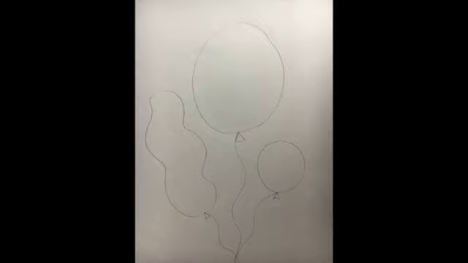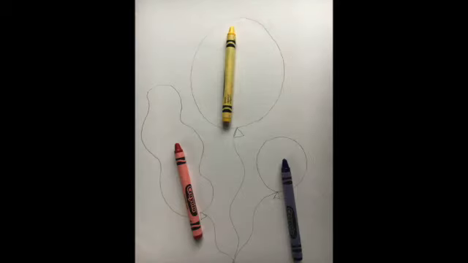Now you can copy mine or make up your own, but create 3 balloons. The next step is to add color. You're going to choose yellow, red, and blue. I'm using crayon, but you can use whichever you have, markers, crayons, or colored pencils.